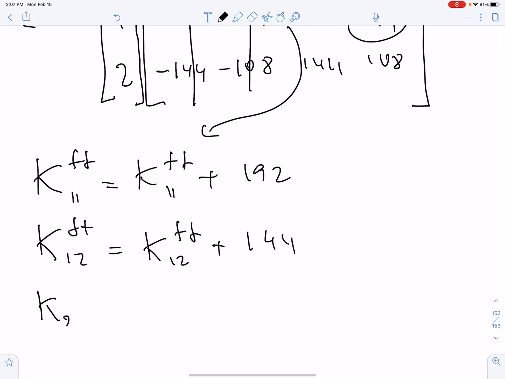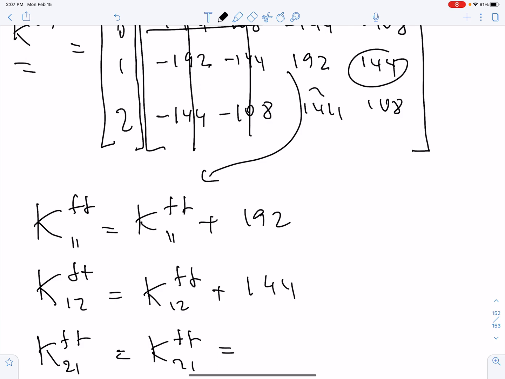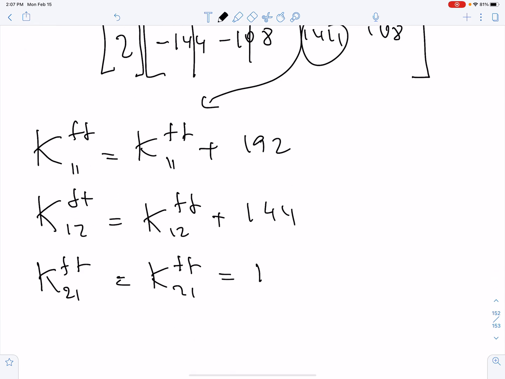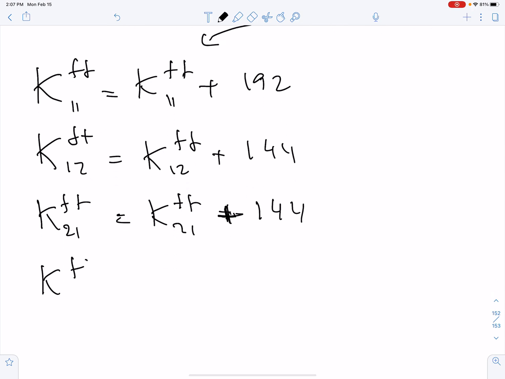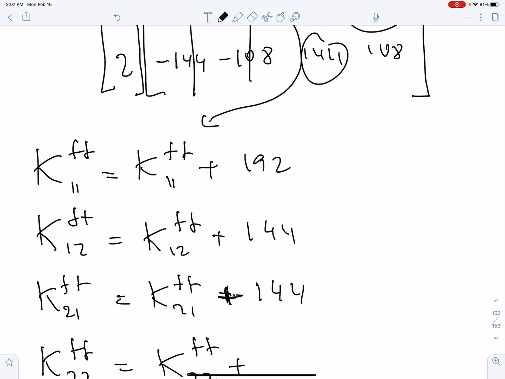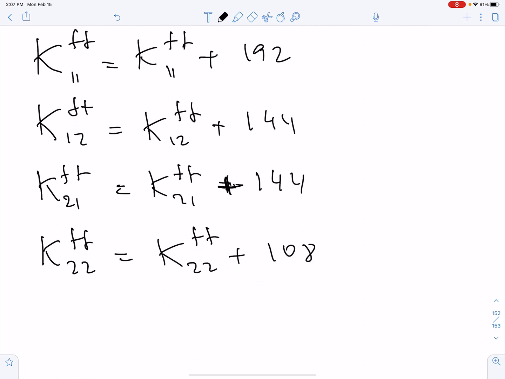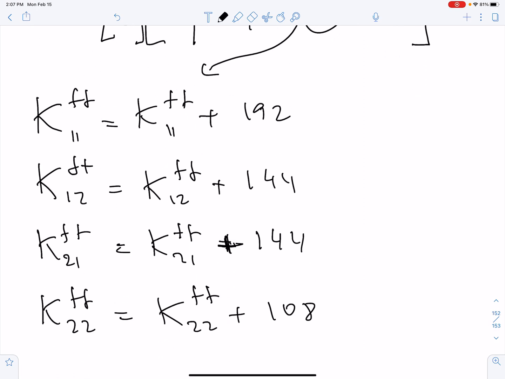Whatever was in KFF 21 gets a 144 plus 144, and whatever was already in KFF 22 gets a 108.